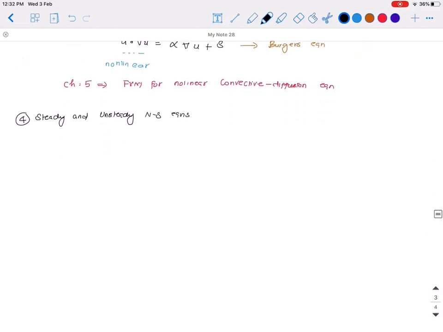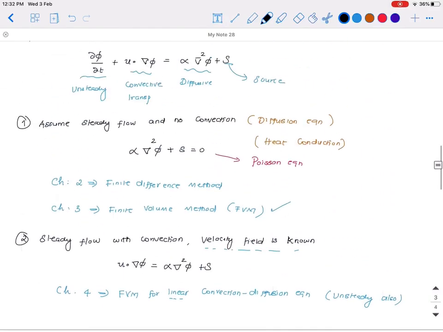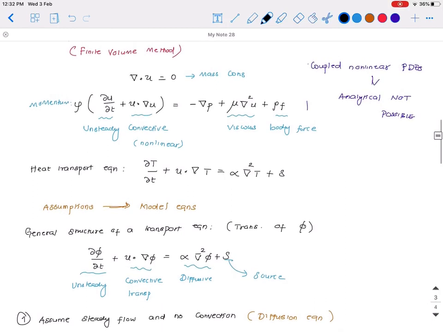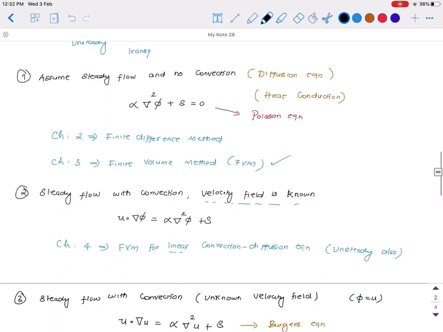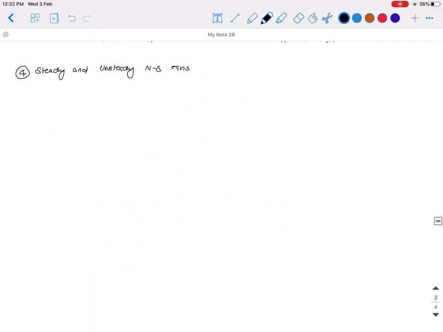Now let us compare the general structure of transport equation, which is here, and the Navier-Stokes equation here. There are two main differences, or two additional challenges, I would say, that Navier-Stokes equation has when compared to general transport equation. One is the appearance of pressure.